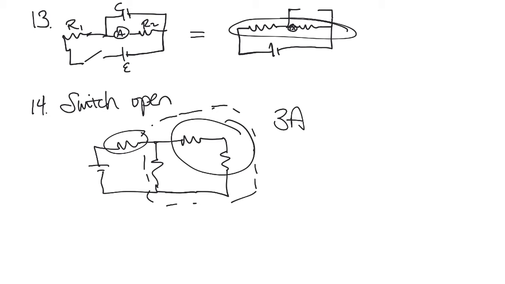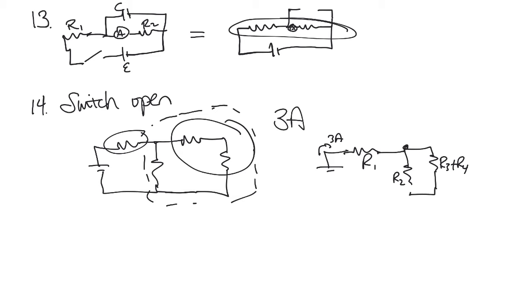So then the question is, when that 3 amps leaves the battery, all of it goes through R1, and then you want to look at this R2 and this R3 plus R4. So the question is, when 3 amps goes in, how does it split up?